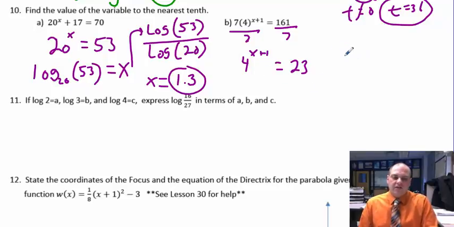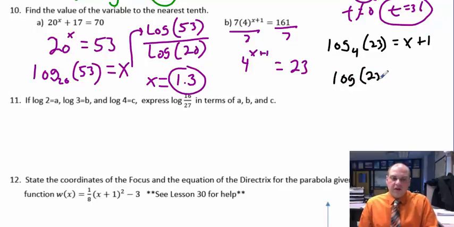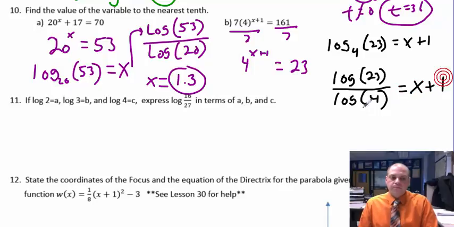I need logs. So I'm going to change colors here just so we don't get confused. So it's going to be log base 4 of 23 equals x plus 1. Again, calculator, log of 23 divided by log of 4, and that equals x plus 1.